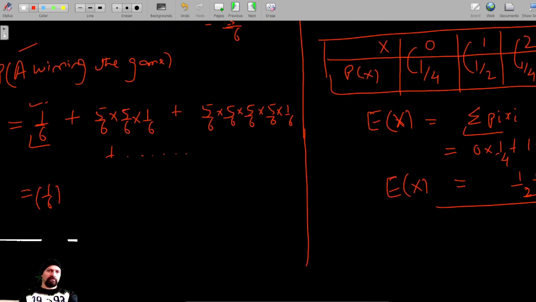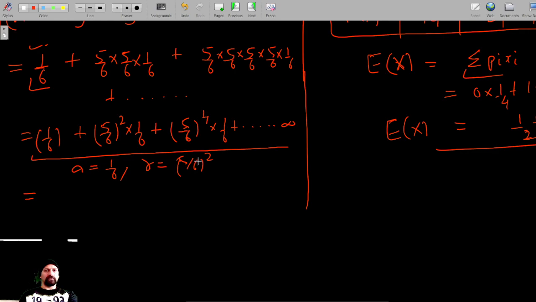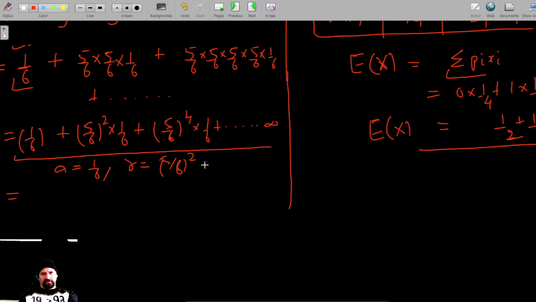So this is 1 by 6, plus 5 by 6 the whole square into 1 by 6, plus 5 by 6 raised to the power 4 into 1 by 6, and this goes on till infinity. And if you have a close look at this series, this is a GP where a is equal to 1 by 6 and the common ratio is 5 by 6 the whole square, which is equal to 25 by 36.